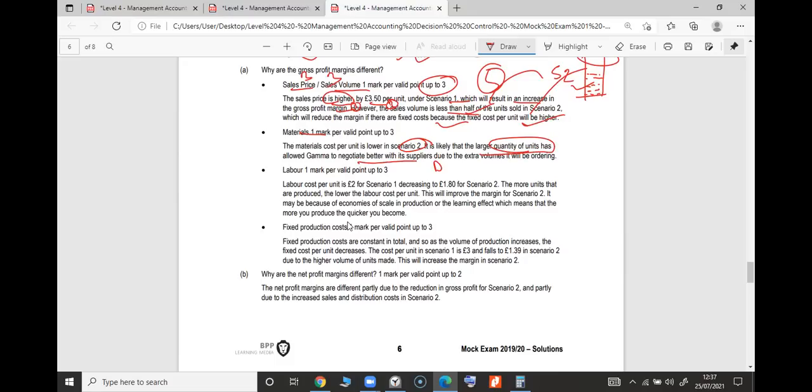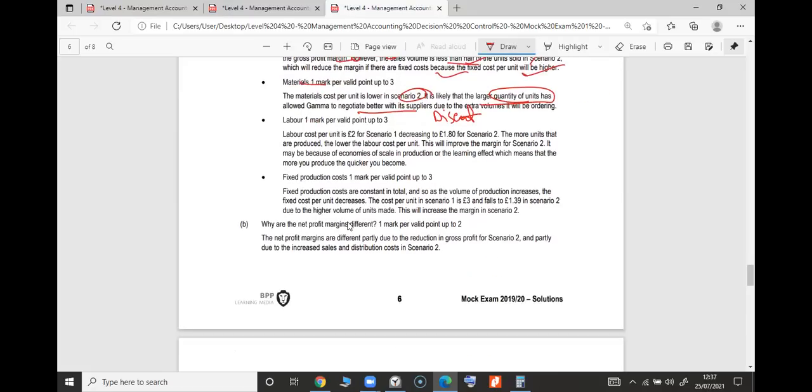It can bring a discount, definitely a discount. Labor cost per unit is 2 in one and 1.8 in the other, so 0.2 is savings. Learning effect, you said it, which is absolutely right. The more units that are produced, the lower the labor cost per unit. This is economies of scale.